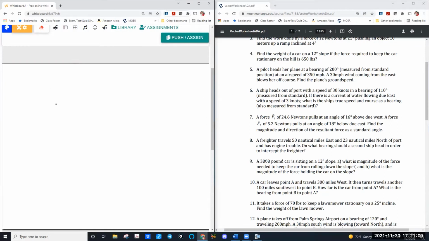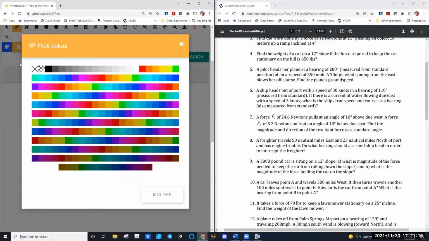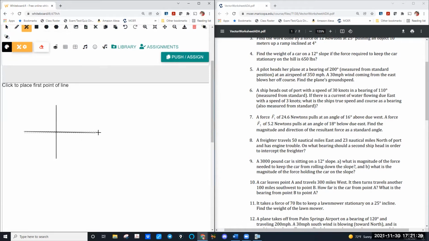All right, so let's see how we can set this one up. So we can put in some vectors and make sense. You don't have to do this on a set of axes, but I think it makes it a little bit easier to kind of think about where those angles are.